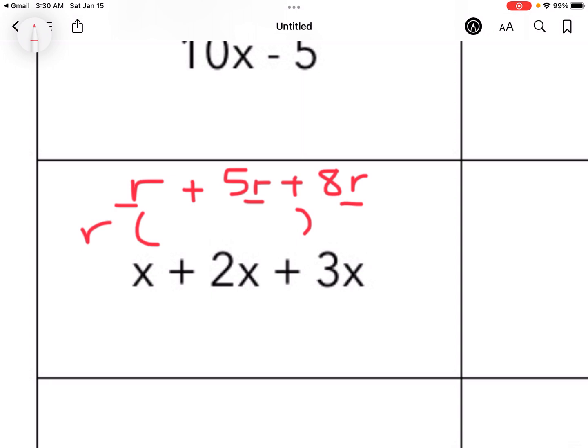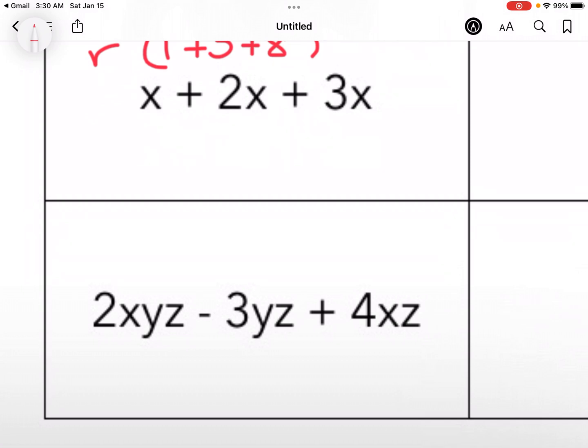Like 1 times 5 is 5. 1 times 8 is 8. So you're going to do 1 times r is r plus 1 times 5 is 5r. 8 times r is 8r. So it would look like that.